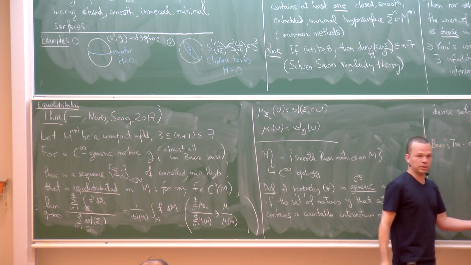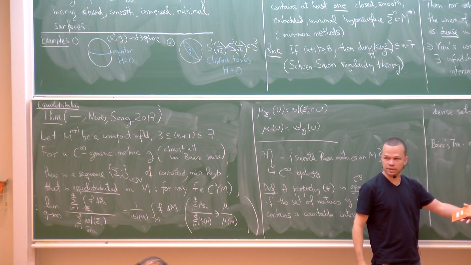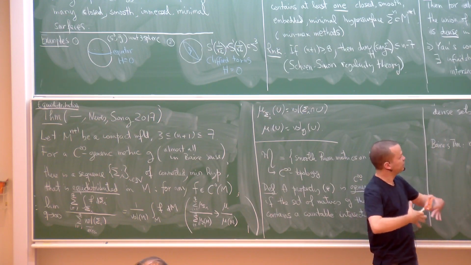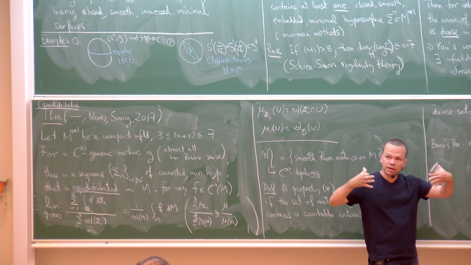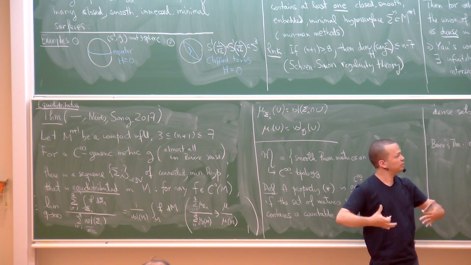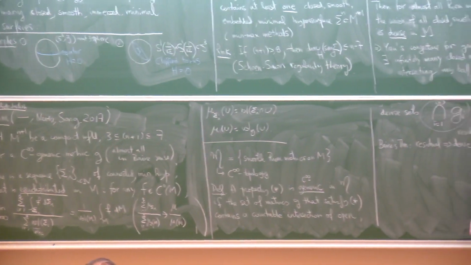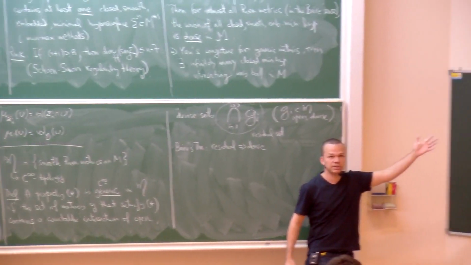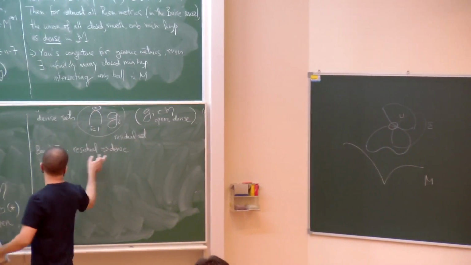So being residual is actually stronger than being dense. In particular, given any metric, you can find arbitrarily small perturbations of it which have the property that the union of minimal surfaces is dense, because of Baire's theorem.